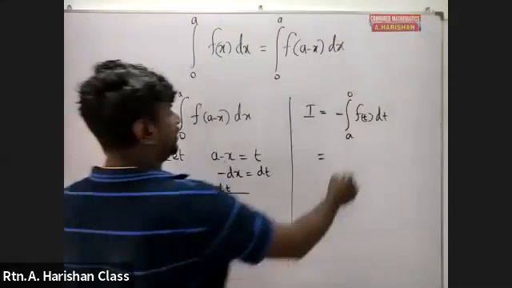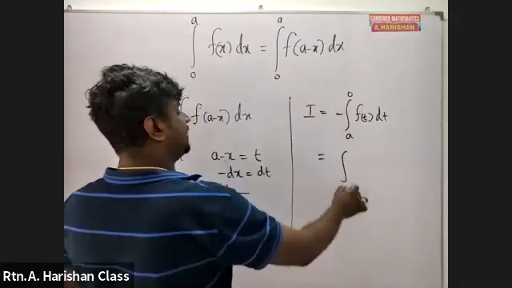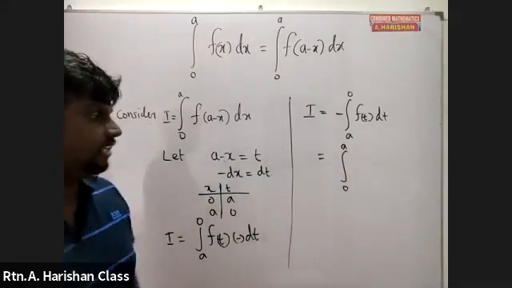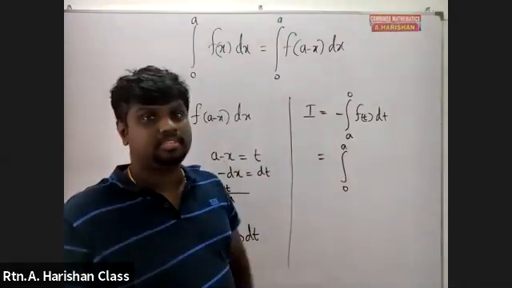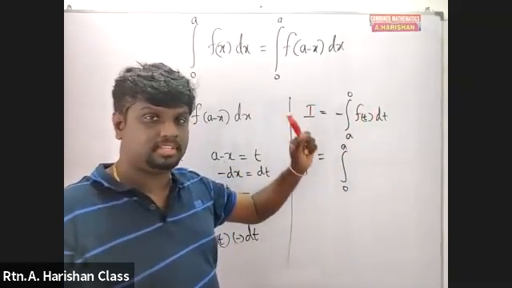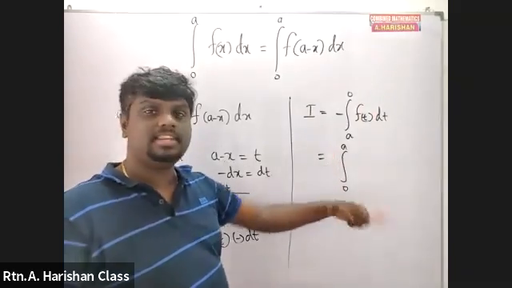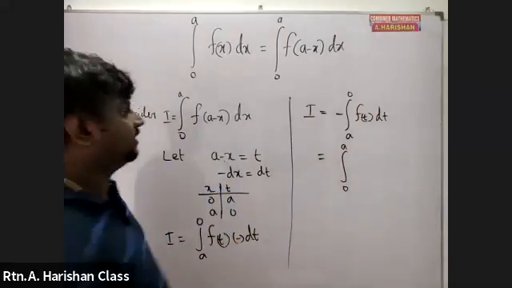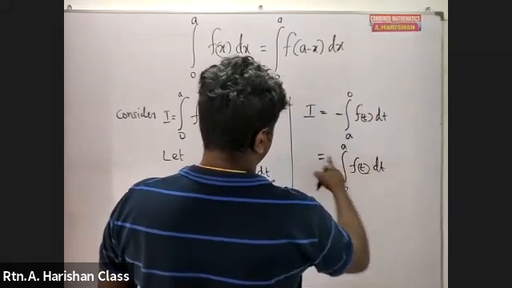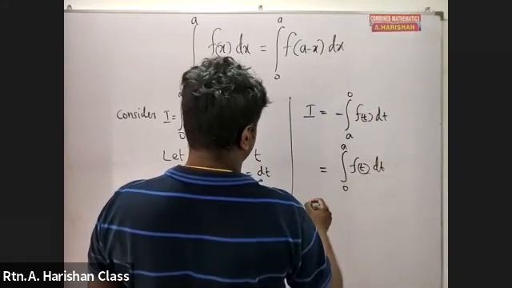So I'm writing without minus, so I have to change the limit, a to 0. Okay, both are same, because if you substitute after integration, the minus will come. So other than that, you change the limit and you integrate. That's easy. So this is going to be f t dt.